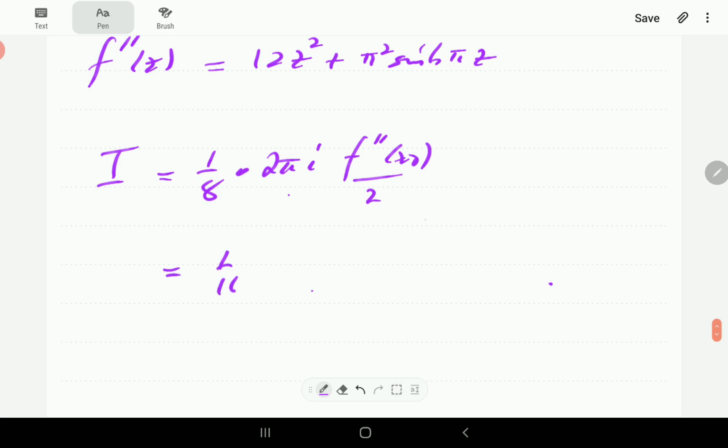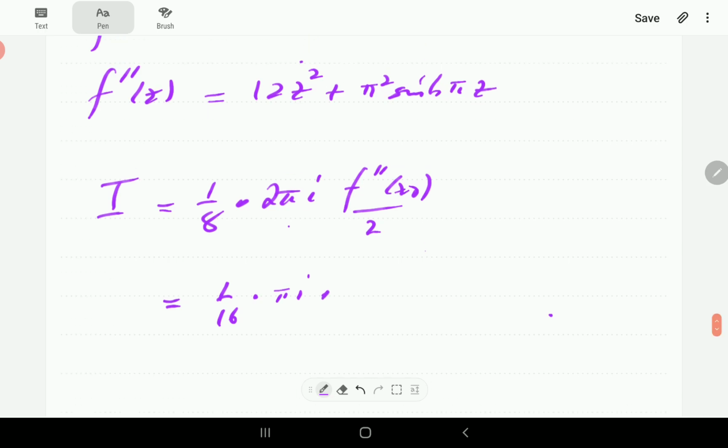So it's going to be 1 over 16, 2 and 8. Let's cancel these 2 into 2 pi i. So if we plug in i over 2 here, that's going to be 12 times i over 2 squared, plus pi squared hyperbolic sine pi i over 2.